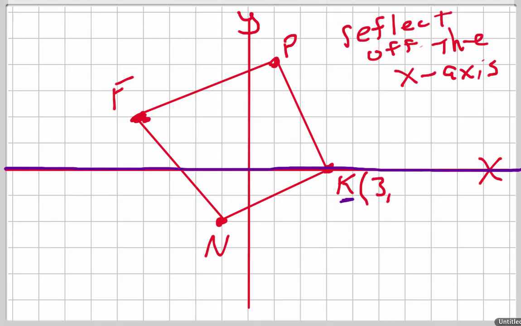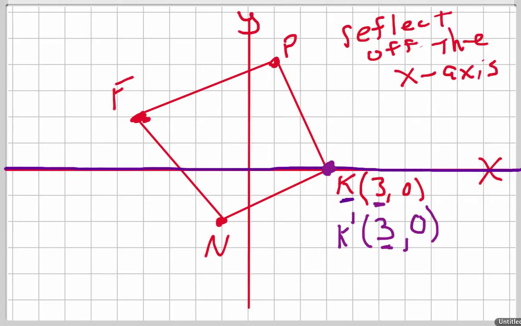That's 3, 0. If I'm reflecting off the x-axis, K prime, the x-coordinate stays the same. The y tells you how far away it should be from the x-axis. Since my y-coordinate is 0, it's on there, so that isn't going to change. So I'm going to plot my new point right there.